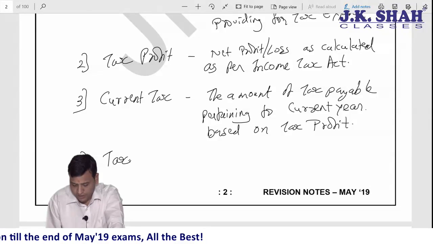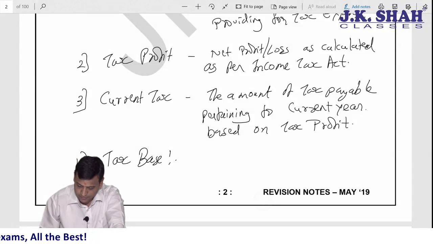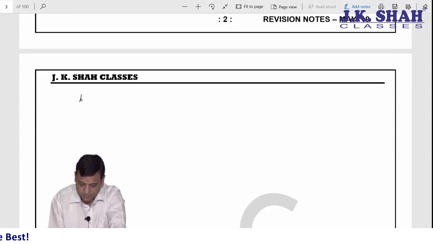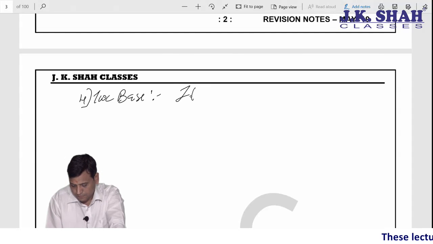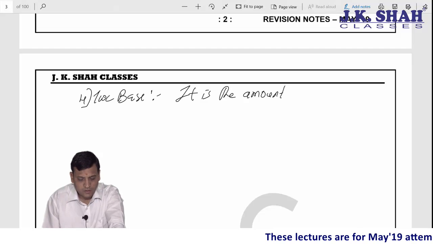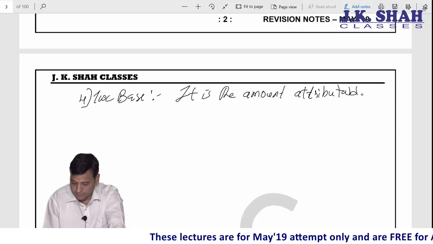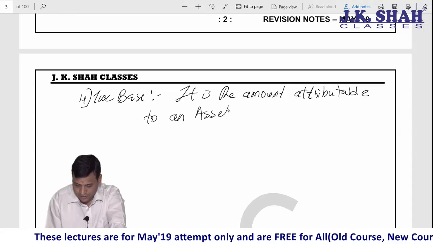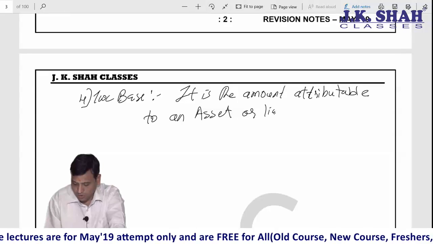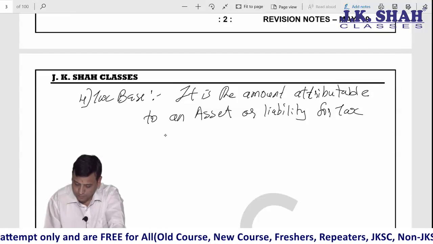This is the most important definition, one of them, tax base. Right on the next page only. It is the amount attributable to an asset or liability for tax purposes.